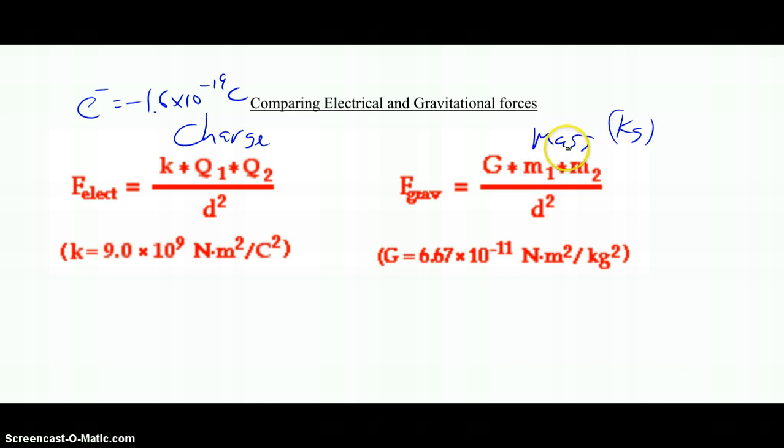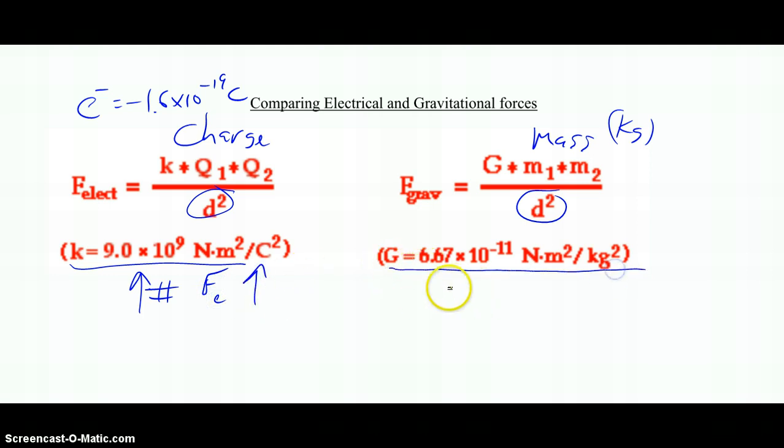Now, any atom has both charge and mass, and therefore they're fundamental. You can't get away from them. Everything has it. And they have the same inverse square nature, 1 over distance squared. Two of the biggest differences are this K is a very, very large number, and therefore electrical forces tend to be very, very strong for small charges.